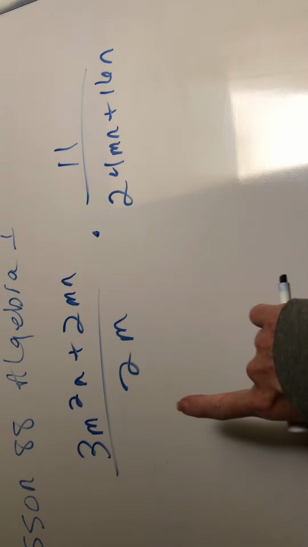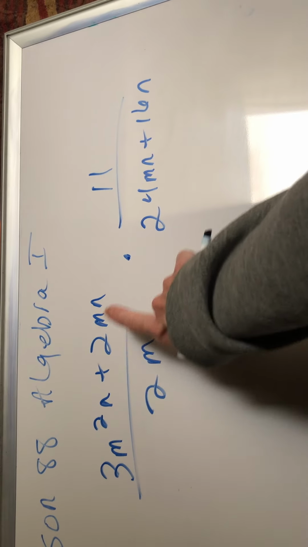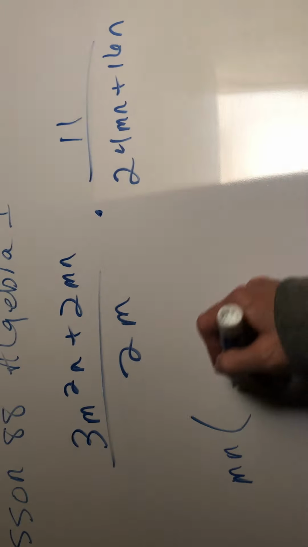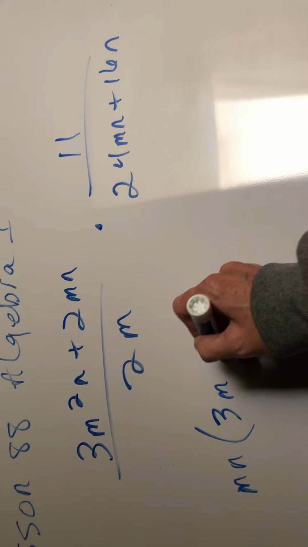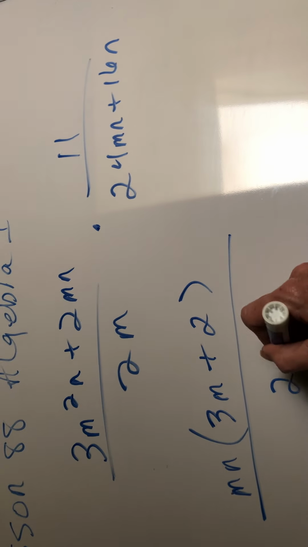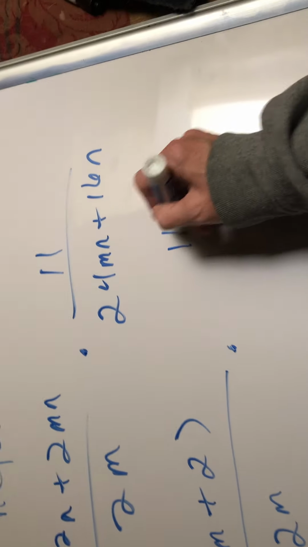Okay, so out of the first two, I can take an m and an n out. That leaves 3m plus 2 over 2m. I just rewrite it. So I factor the top and rewrote it, times 11.